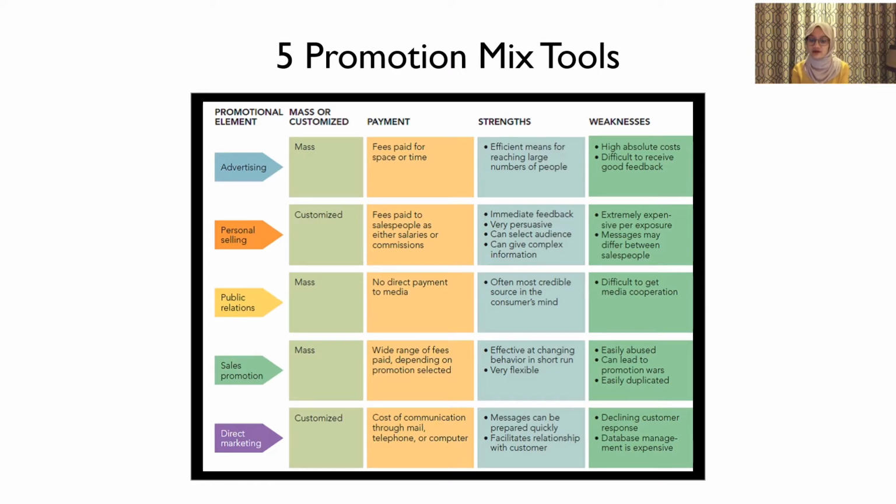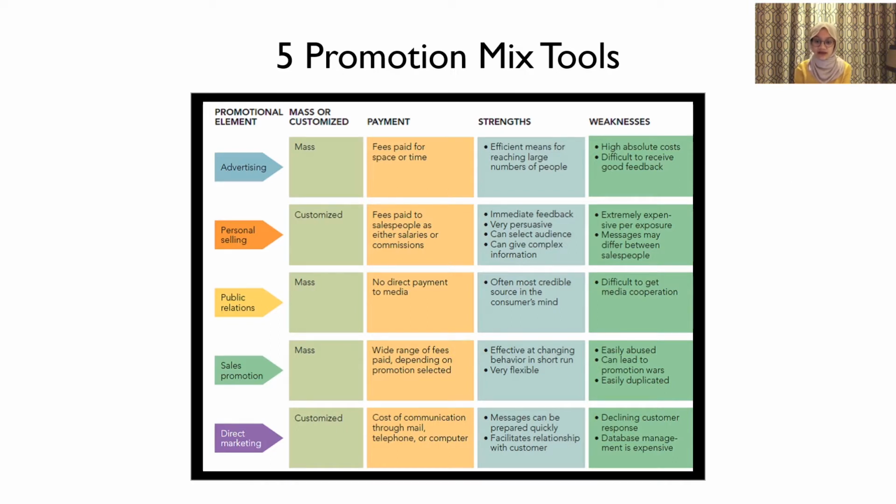So the first one, advertising. It is mass, with fees paid for space or time. The benefit is that it is efficient for large numbers of people, but it has a high absolute cost. It is difficult to receive feedback. The second one is personal selling.